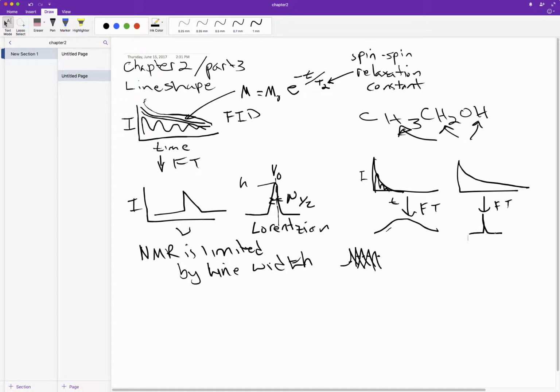And so we'll talk about what determines how quickly it decays. There are two points: the inherent relaxation processes that are happening, and also the magnetic field inhomogeneity, because you put your sample in a magnetic field, and if the magnetic field is not uniform around your sample, that will cause your signal to decay quicker than it should.